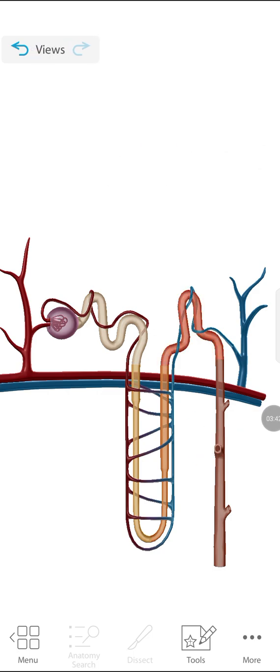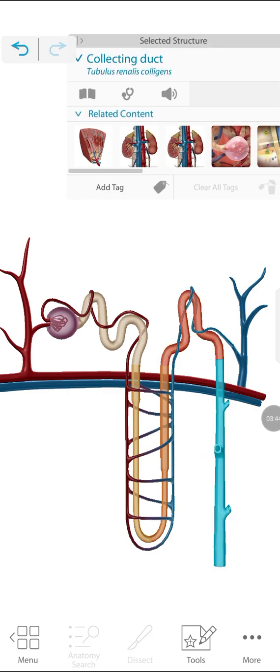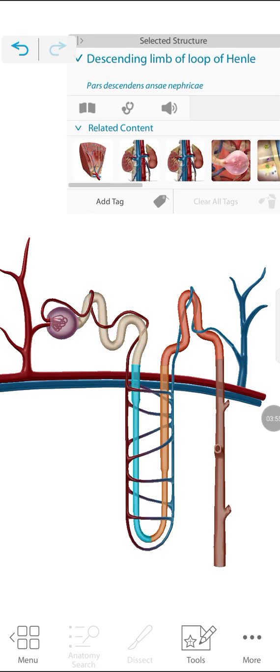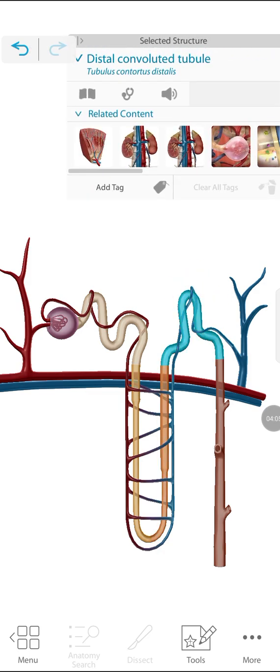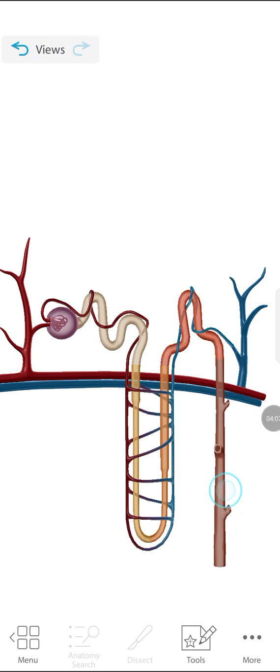Then we have the collecting duct. These are the parts of the nephron. Let's start again. Bowman's capsule, proximal convoluted tubule, descending limb of loop of Henle, ascending limb of loop of Henle, distal convoluted tubule, and then in the end, the collecting duct.